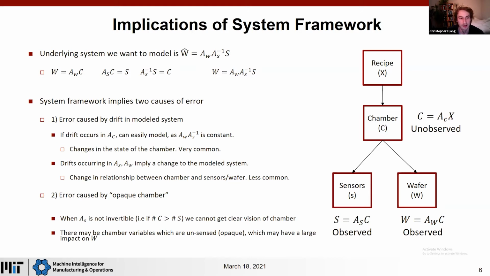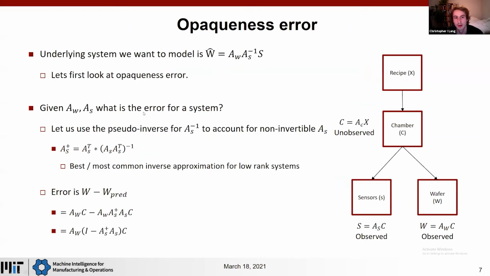Because we can't get a full idea of what's going on inside of the chamber, we can't predict the final product that we're trying to predict. So the second large class of errors I call opaqueness errors. We can look at it in a little more depth.